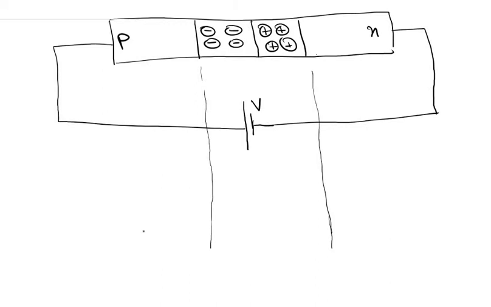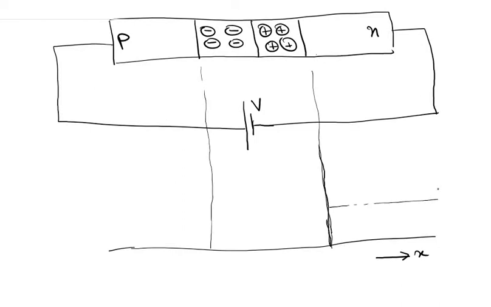Right outside the depletion region, this is the x direction, this is the boundary where the depletion region ends, and this is P0, which is the equilibrium minority carrier concentration in the N side.